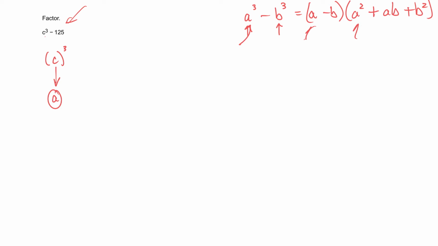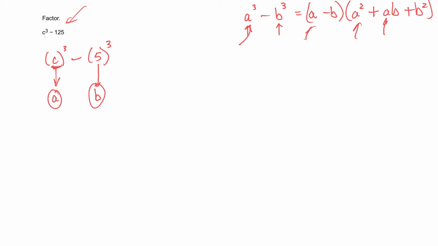I guess everywhere I see an A there, I'm going to plug in a C. And then minus, now 125, it's got to be something cubed. I'm thinking 5. 5 cubed, 5 times 5 is 25 times, yeah, it's 125. So everywhere I see a 5, I'm going to put that in for B.